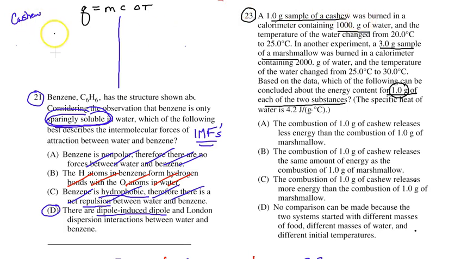I have 1,000 grams of water, and I've got a temperature change that's 5, and I know that I have a specific heat. And on the other side, I have 3 grams of marshmallow. I have 2,000 grams of water. I've got a temperature change of also 5. And I also know that Q equals mC change of T, and my specific heat is right there.